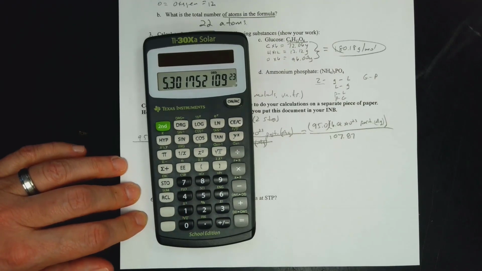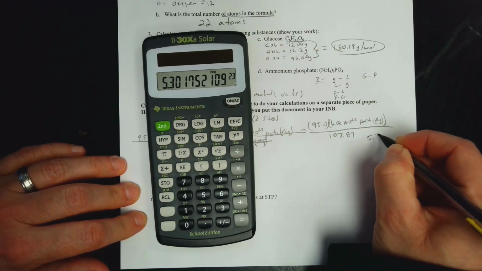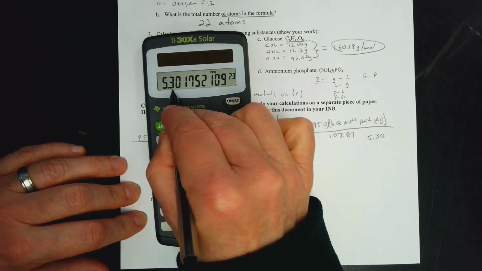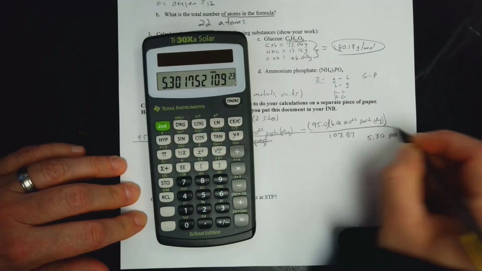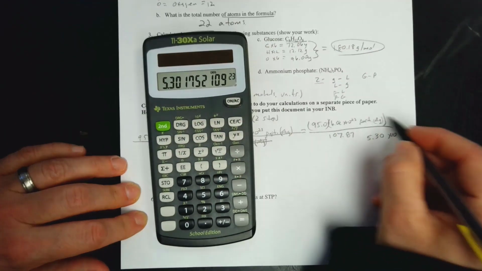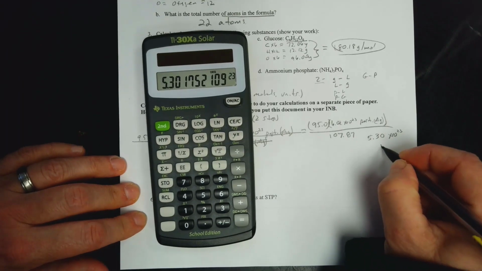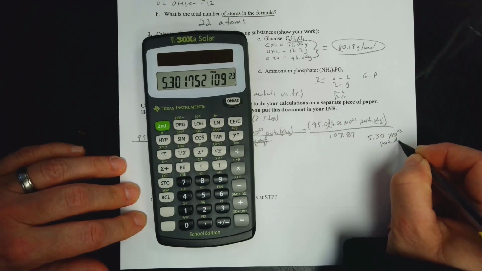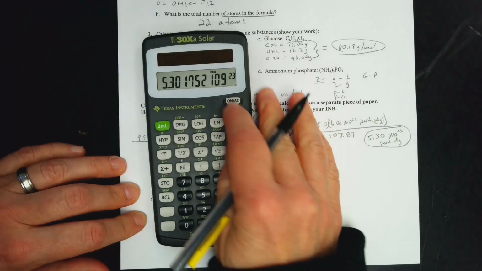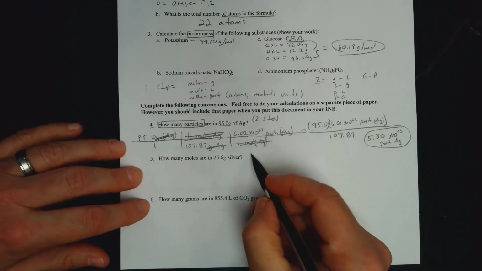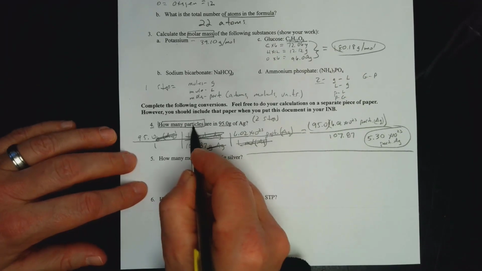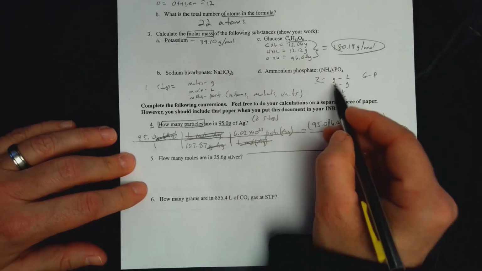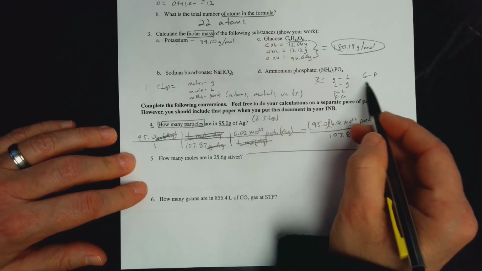And that leaves me with my final answer of 5.30, because I'm just going to round this to the nearest hundredth, times 10 to the 23rd, that's my exponent right there, and that's going to be particles of Ag, and that is the answer that I'm going to circle. Hooray! So again, because we started with grams, and we had to convert to particles, that means we had to use our little helper here.